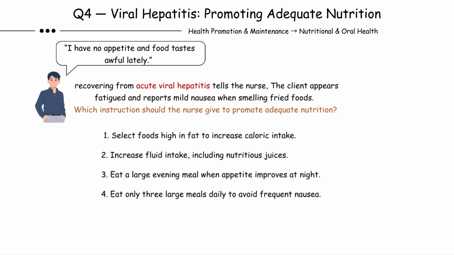Option 1. Select foods high in fat to increase caloric intake. Option 2. Increase fluid intake, including nutritious juices. Option 3. Eat a large evening meal when appetite improves at night. Option 4. Eat only 3 large meals daily to avoid frequent nausea.